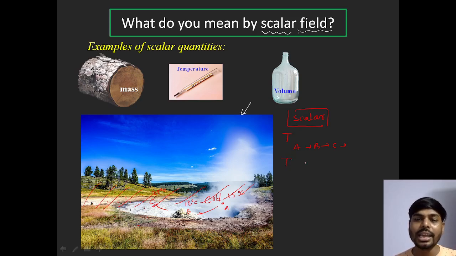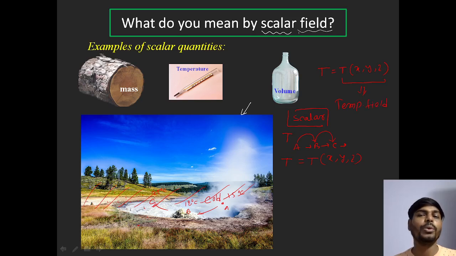Because you can see that temperature is a function of position x, y, z, because when you change from position A to B, you will get a different temperature. When you change from B to C, you will get another value of temperature. So with changing position, you will get different values, maybe at certain points the same values. So mathematically we can write temperature is a function of position, and this is also known as the temperature field.